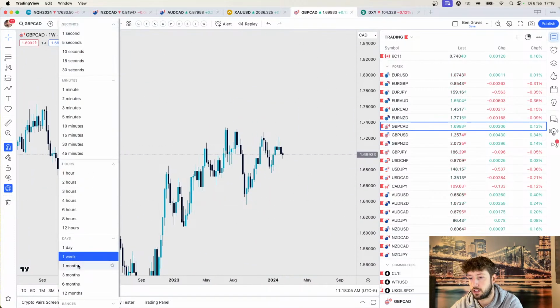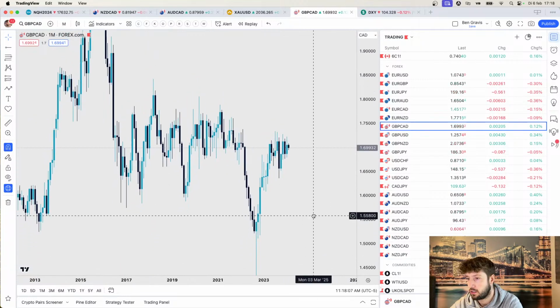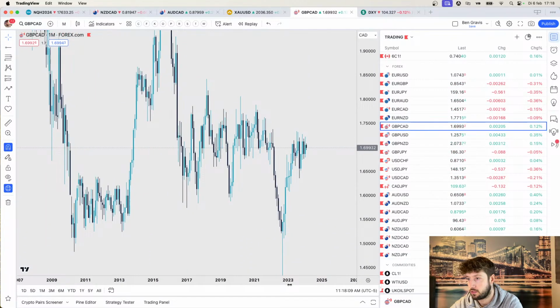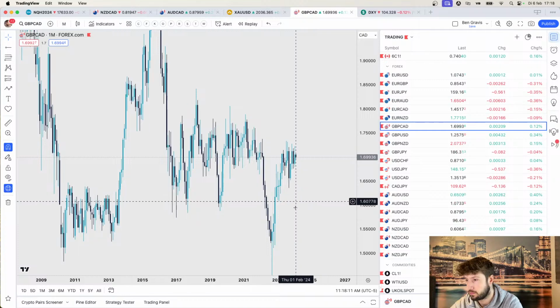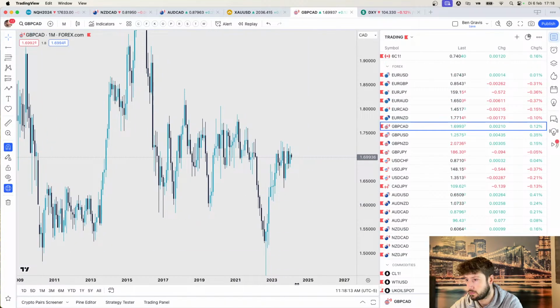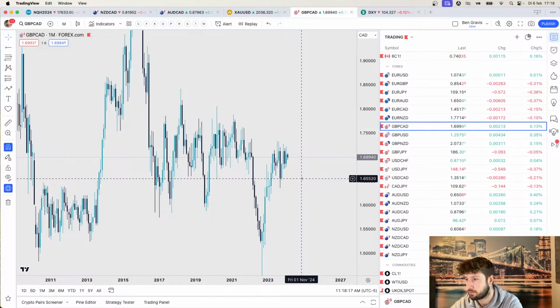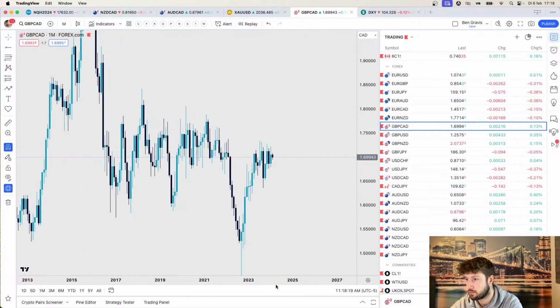Let's go on the monthly here and start. Very choppy. This is an important level though.